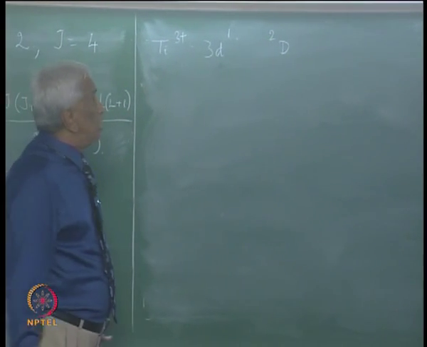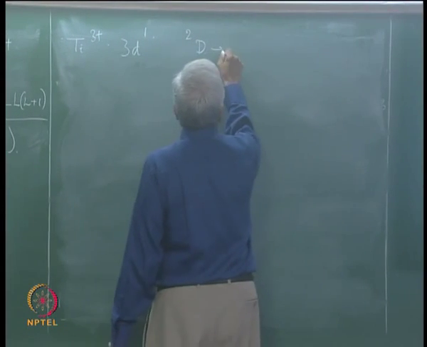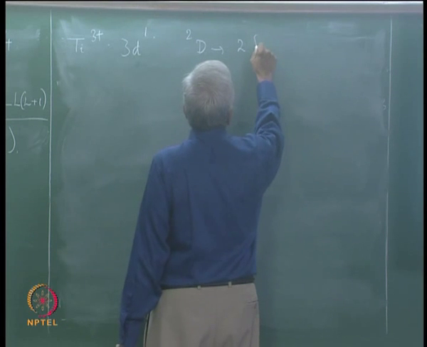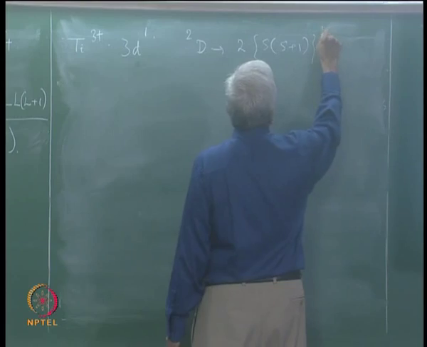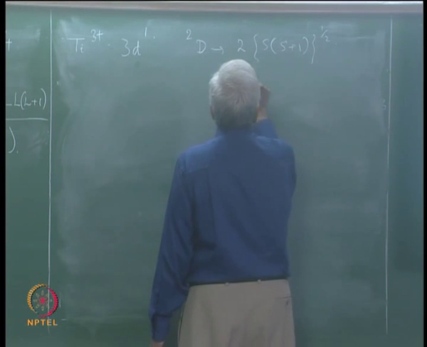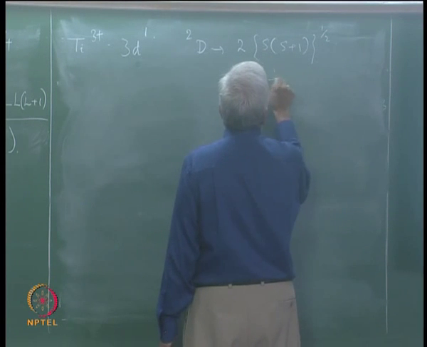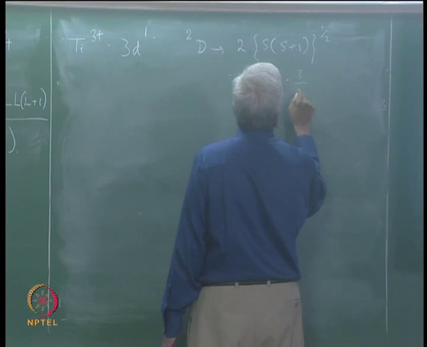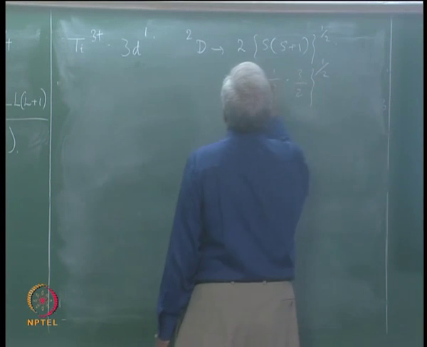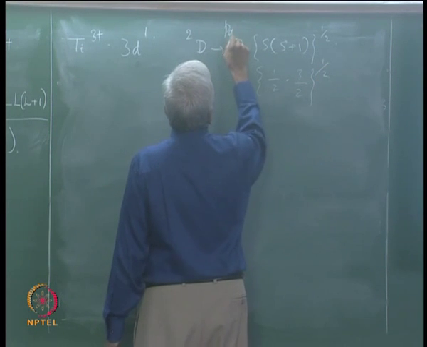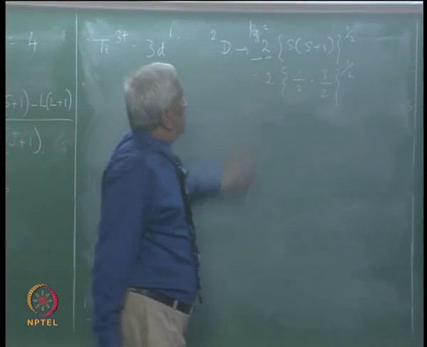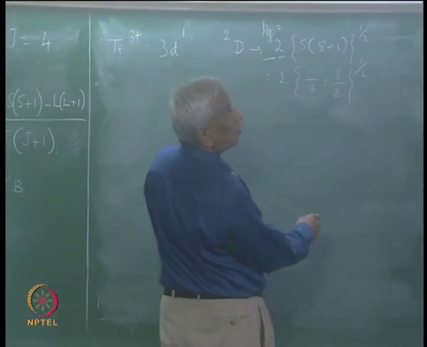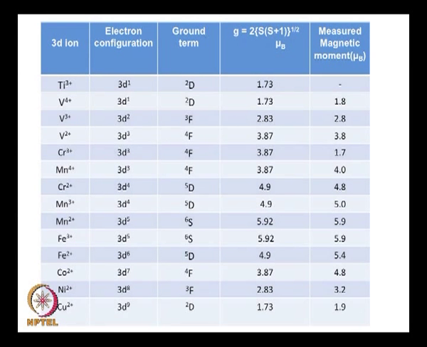Therefore, 2 [s(s+1)] to the power half in this case is 2 into half into 3 by 2 to the power half. This is the value of the effective magnetic moment, with the g value. So, this works out to be 1.73.